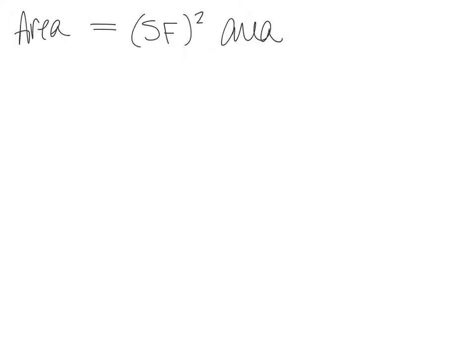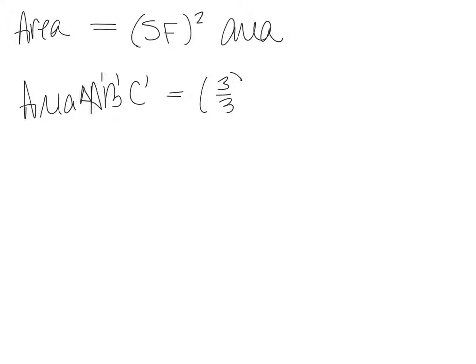So in our case, we're going to say the area of A prime, B prime, C prime triangle is equal to 3/5 squared times the area of the bigger triangle, ABC, right?